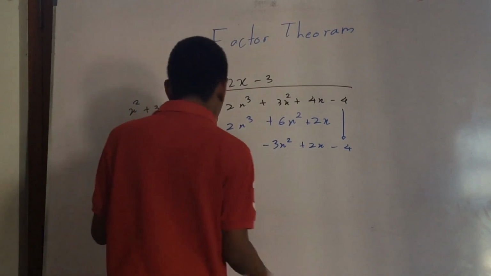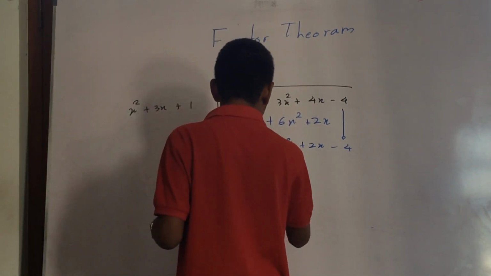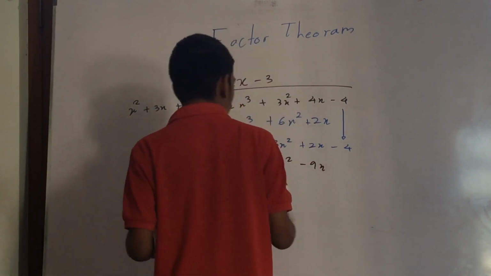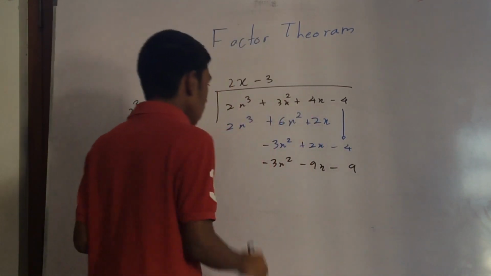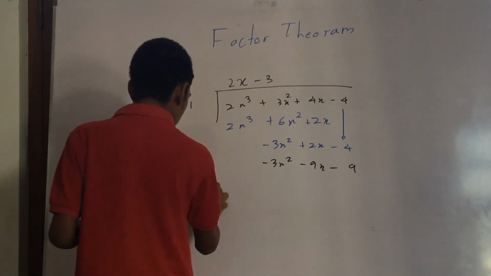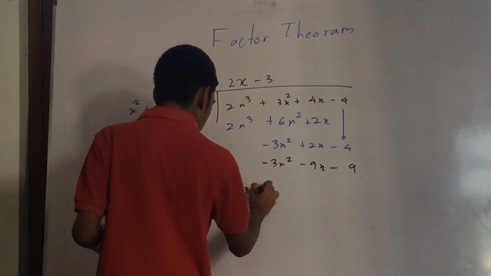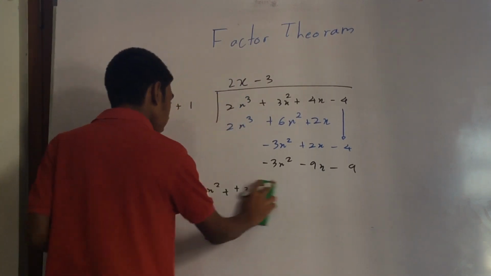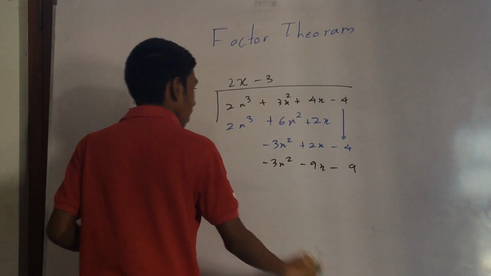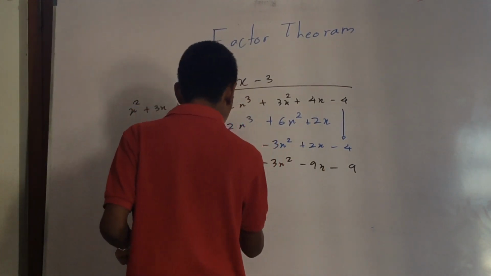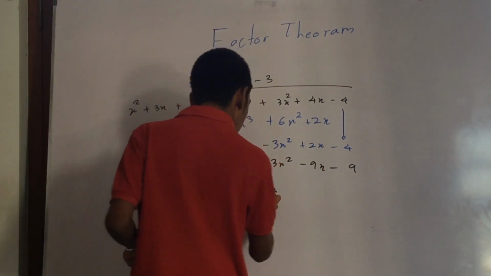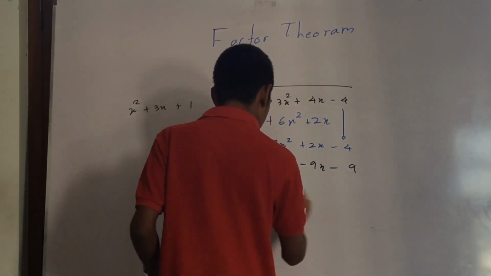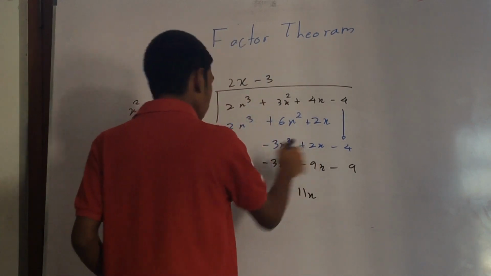Minus 3 into x squared, minus 3x squared; minus 3 into plus 3x, minus 9x; minus 3 into plus 1, minus 3. Here minus 3x squared minus minus 3x squared will cancel, and the sign is reversed, so plus 2x plus 9x, it will be 11x. Here minus 4.